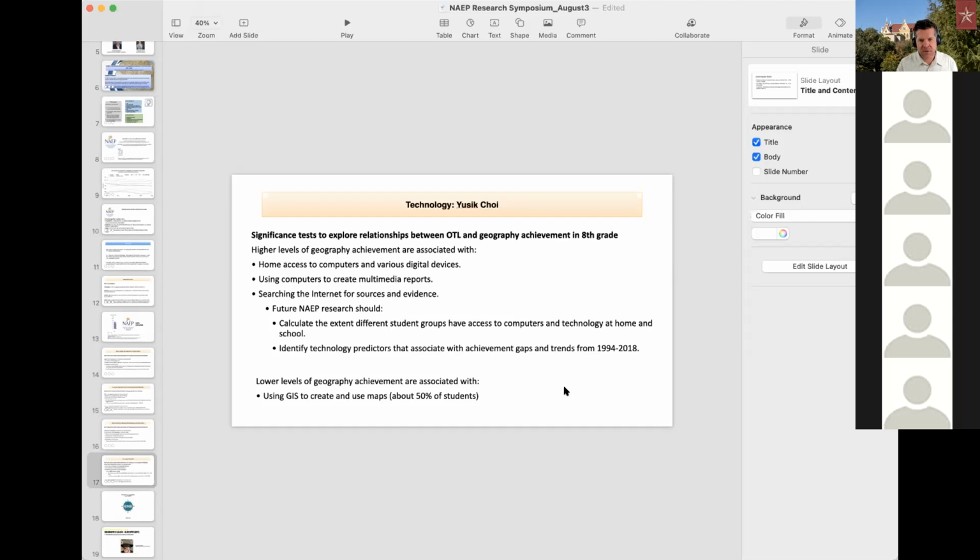Now, before people start to panic, these are a lot of things we associate with being the signature pedagogies of geography. But two things. One, we have to get into more multi-level modeling to address covariates and intercorrelations in the data set.